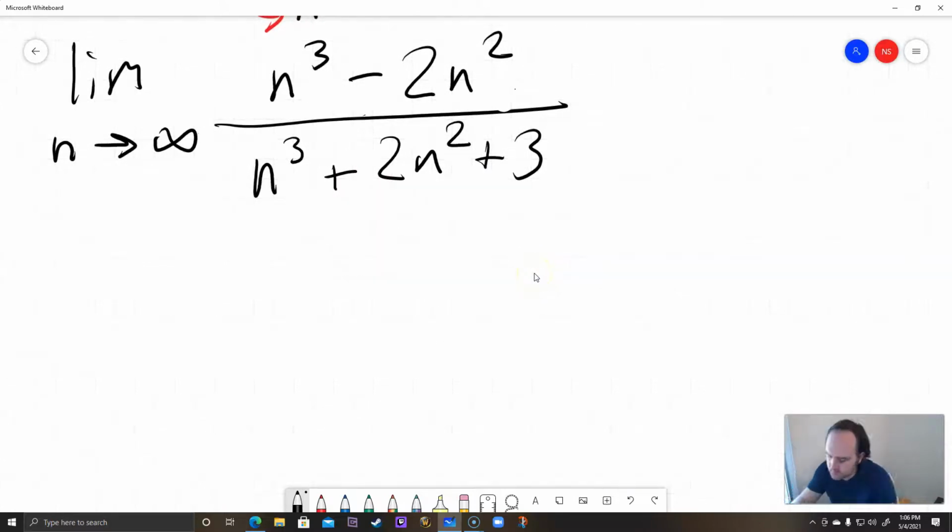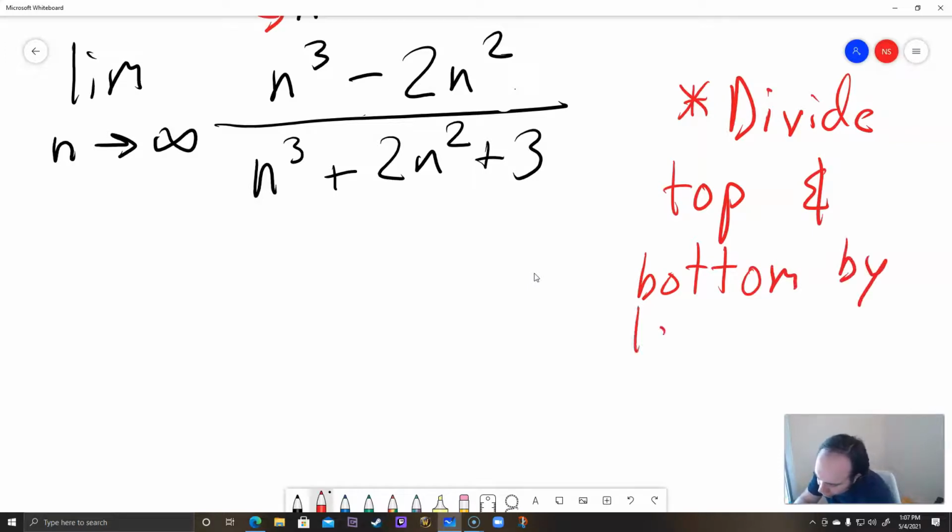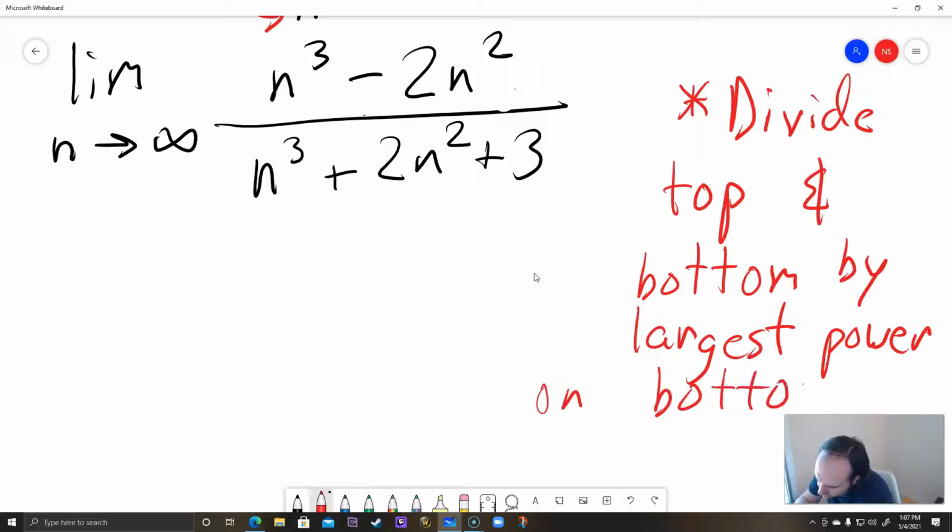Okay, so divide top and bottom by the largest power on the bottom. In other words, divide the numerator and the denominator by the largest power in the denominator.